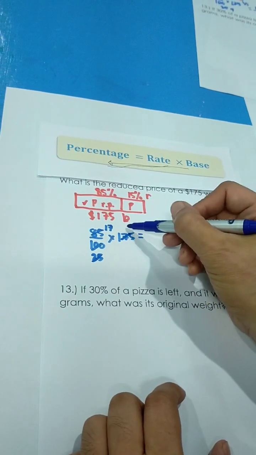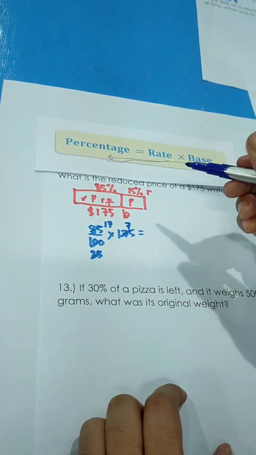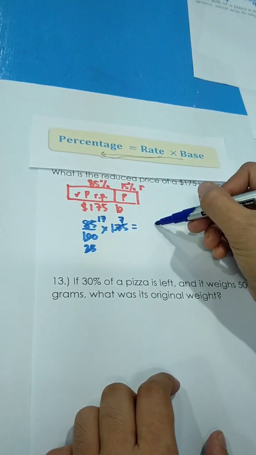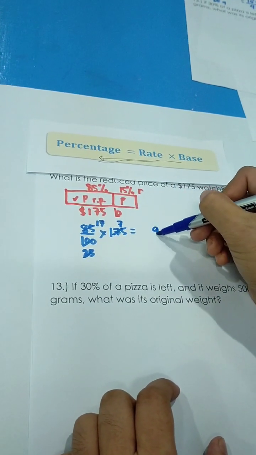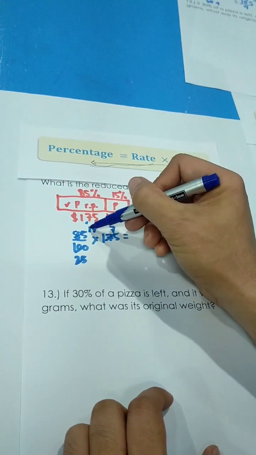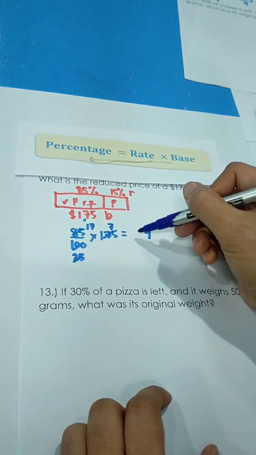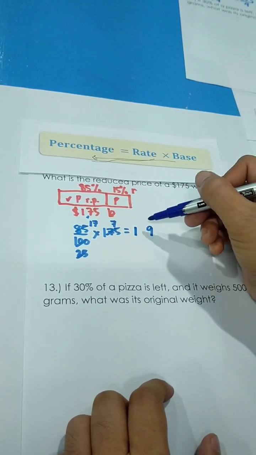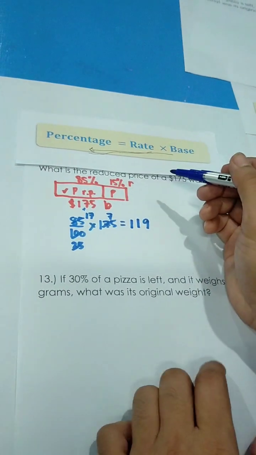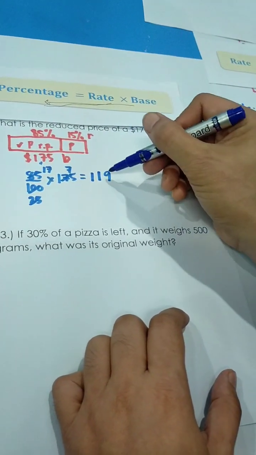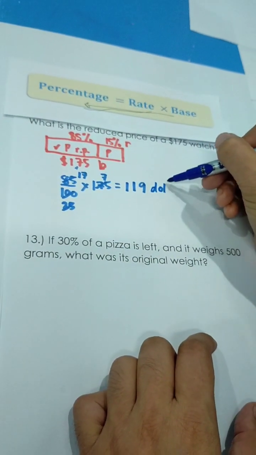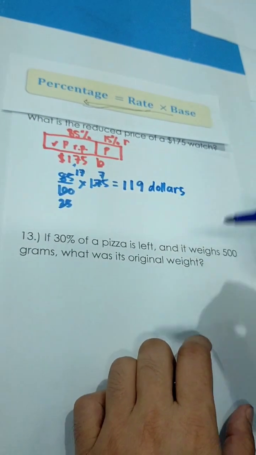Okay, we have 17, 20, and 35. Well, let's multiply this. 7 times 7 is 49. Carry 4. 7 times 1 is 7. Plus 4 is 11. So the reduced price is $119.